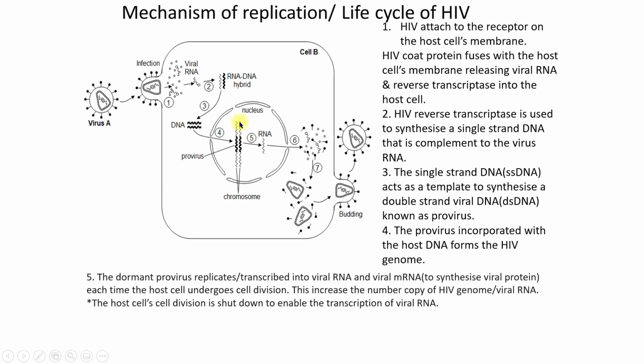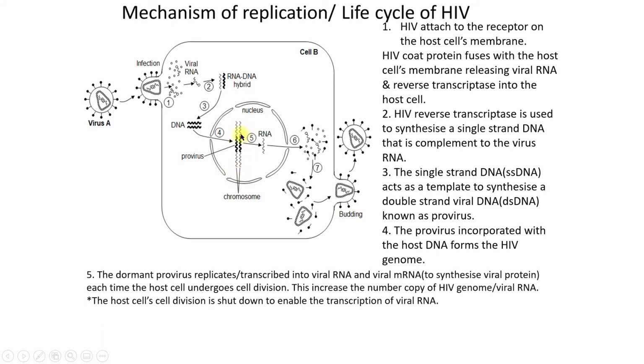Next, this dormant provirus, which is inside the HIV genome, will replicate, or transcribe into viral RNA and viral mRNA, each time the host cell undergoes cell division.